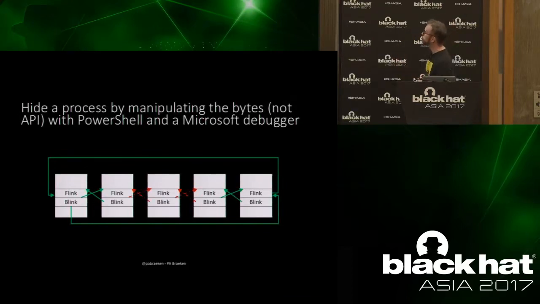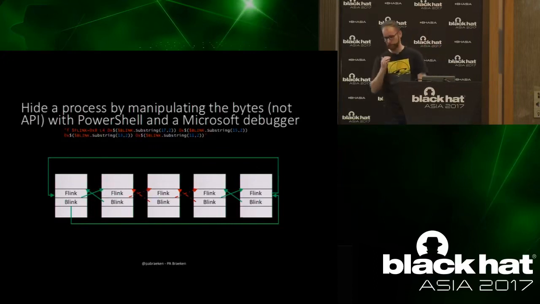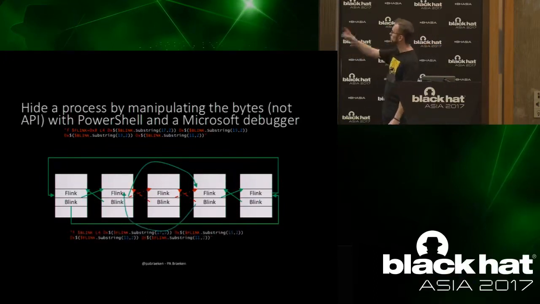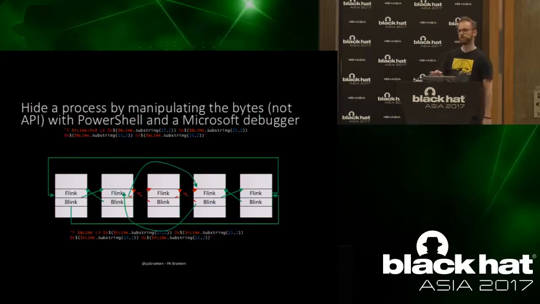So we break all the links of this process, which is the process you want to hide. And then, yes, maybe we cannot see very well, but you will say to the debugger, okay, now I want you to do that. And then the same thing, I want you to do that. So the processes are well linked. But it's not enough. If you just do that, you will experience, like 3 seconds later, a BSOD, a crash.